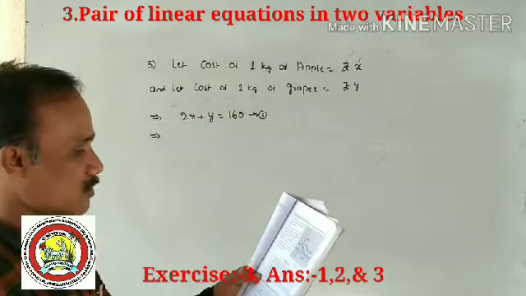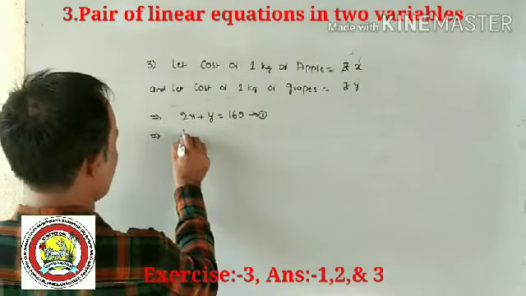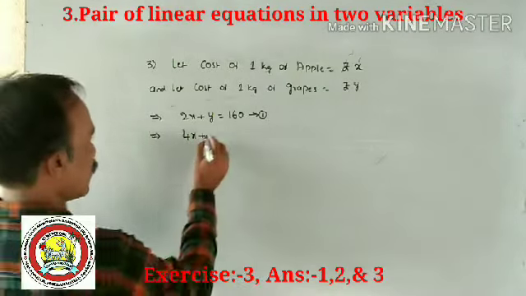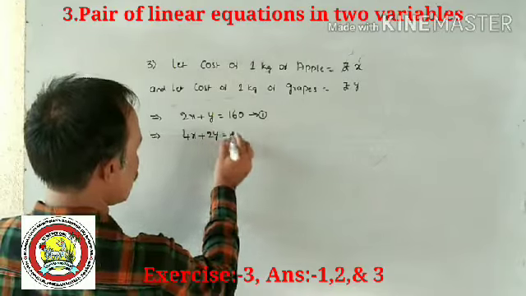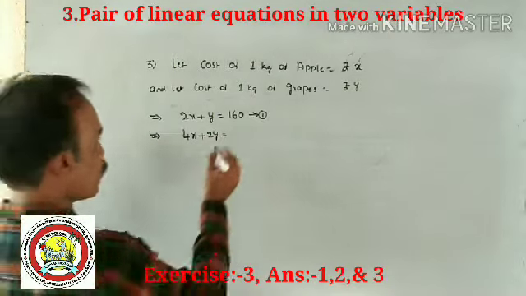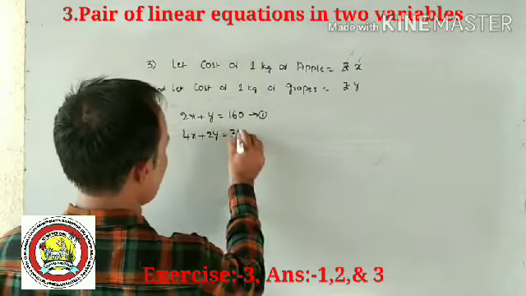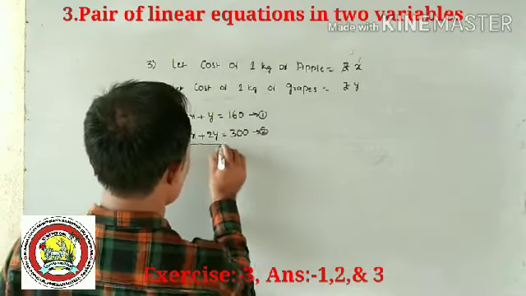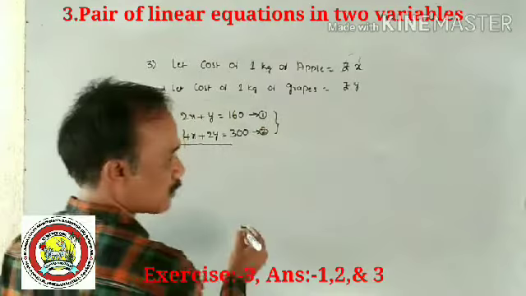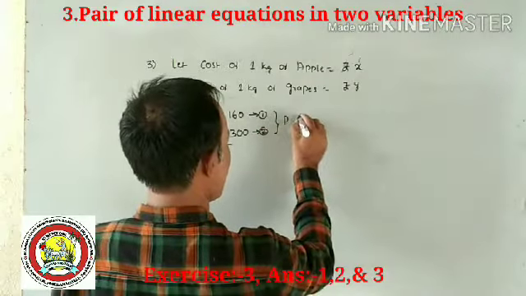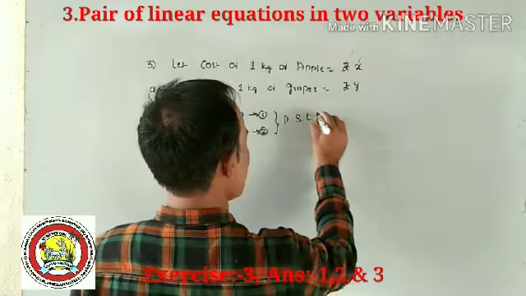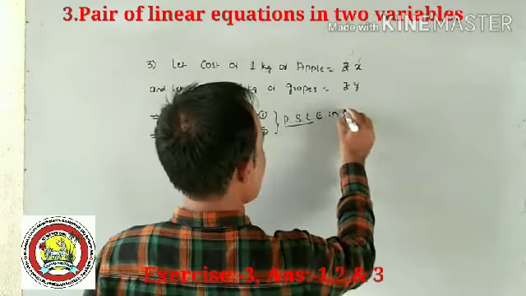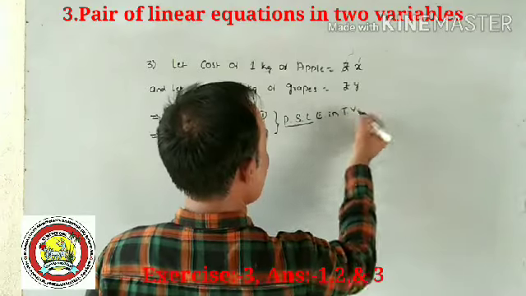After a month, the cost of 4 kg of apples, that is 4x, plus 2 kg of grapes, that is 2y, is equal to rupees 300. This is 2. Together, these two equations are called a pair of simultaneous linear equations in two variables.